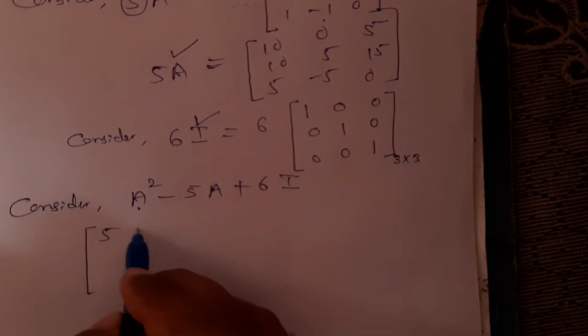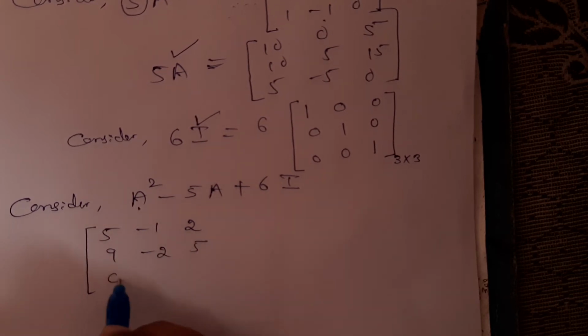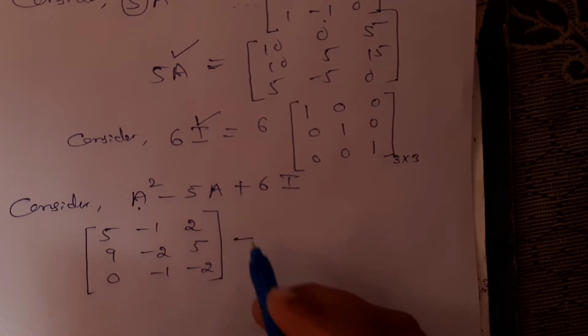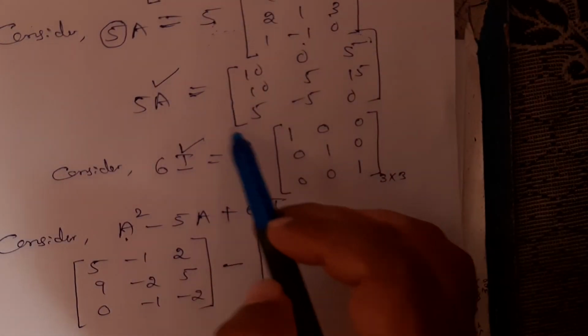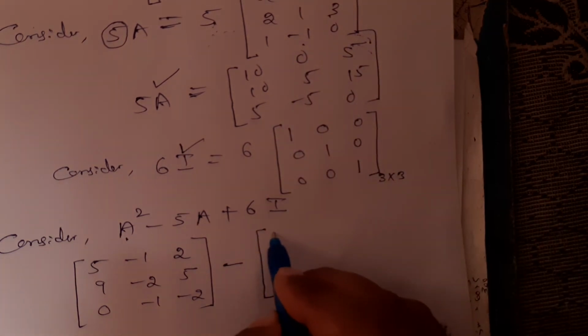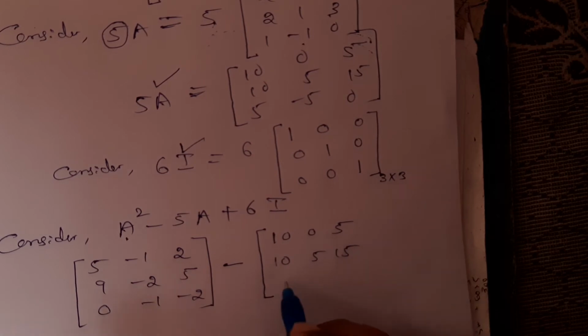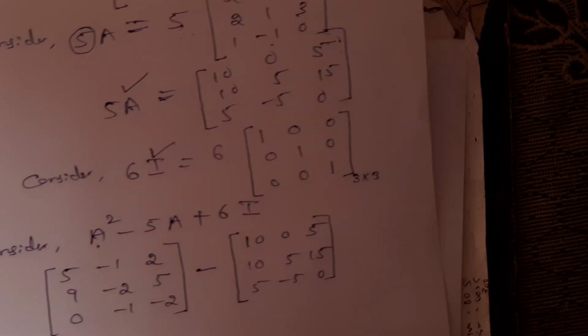We have calculated 5 minus 1 2, 9 minus 2 5, 0 minus 1 minus 2. So this was a square minus 5a. So what is this 5a? This entire thing we calculated is 5a. So I will write that matrix here. 0 5, 10 5 15, 5 minus 5 0. See, this one is this.